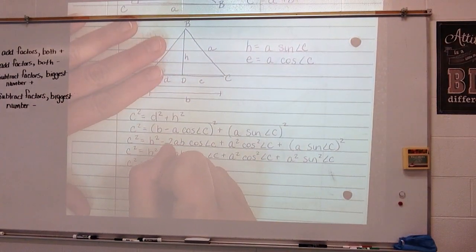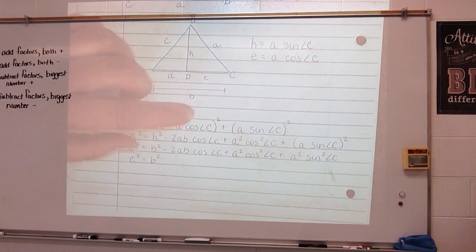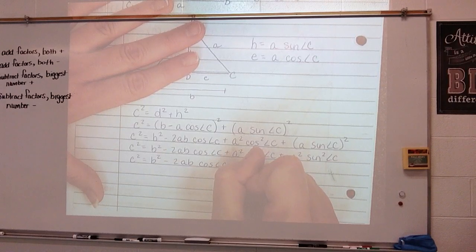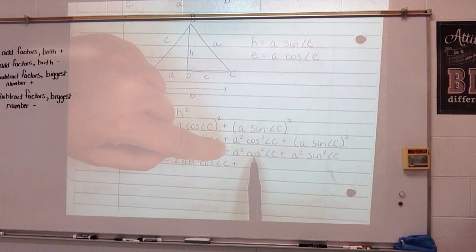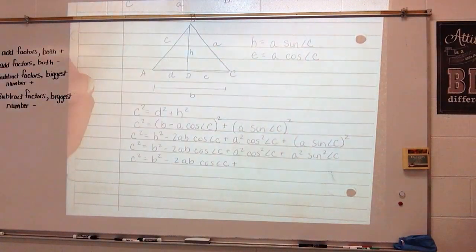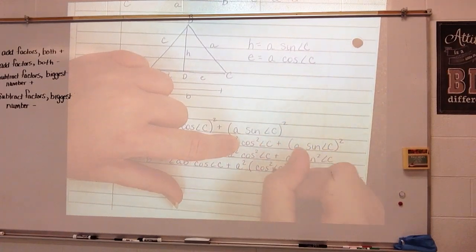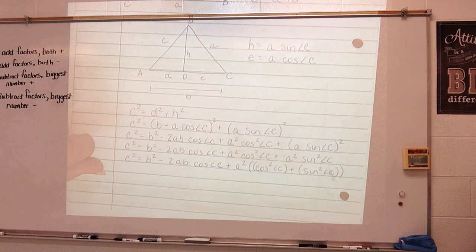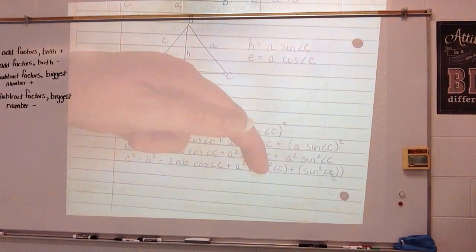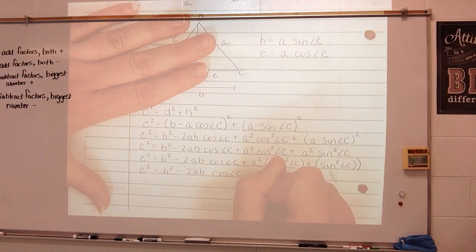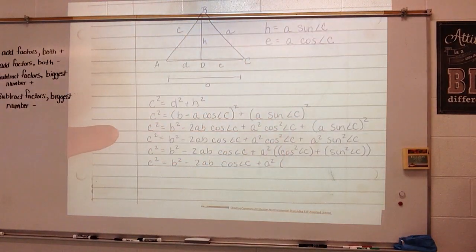So I've got C squared is equal to B squared minus 2AB cosine of C plus, I can pull an A squared out, and I'm left with the cosine squared of angle C plus the sine squared of angle C. Now, the cosine squared of angle C and the sine squared of angle C equals 1.